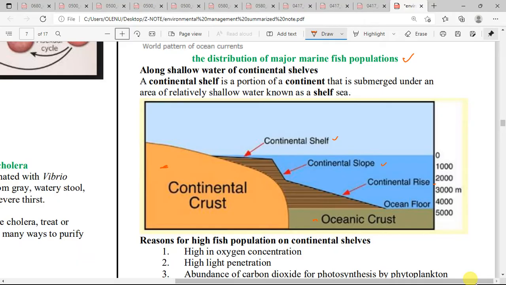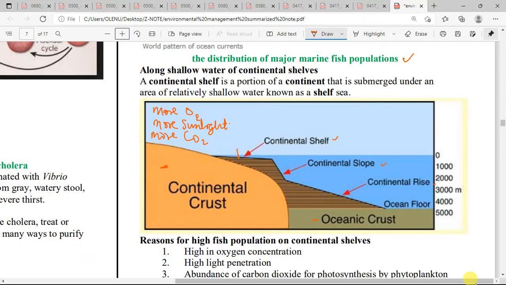Around this continental shelf, the first thing you need to look at is that the depth here is low, so this area is shallow. Because it is shallow, there is more oxygen, more sunlight able to penetrate through, and more carbon dioxide gas can penetrate through.